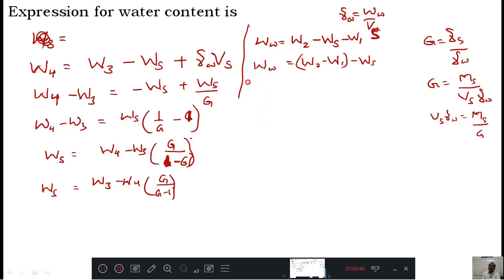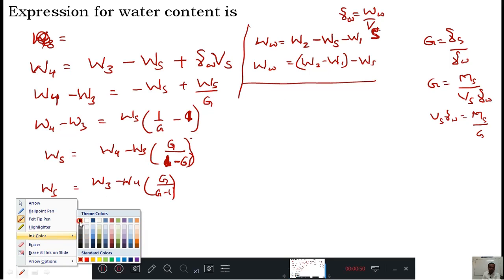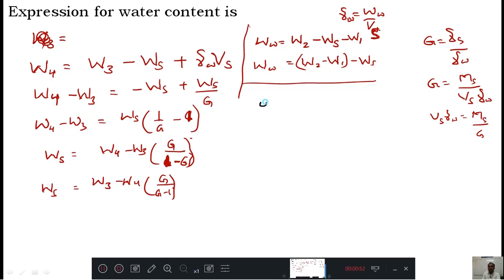Then what is the water content definition? Water content is the weight of water to the weight of solids. Now what is the weight of water? Weight of water is W2 minus W1 minus Ws. What is the weight of solids?